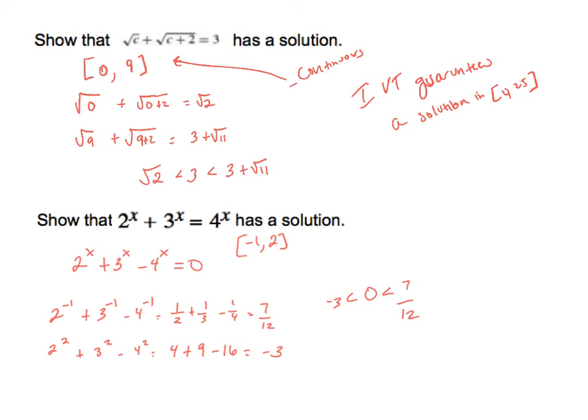And we have our function values. Okay, same idea here. So IVT guarantees, I'm okay with you doing the shorthand as long as you're showing me the work proving the other steps, the solution in -1 to 2.